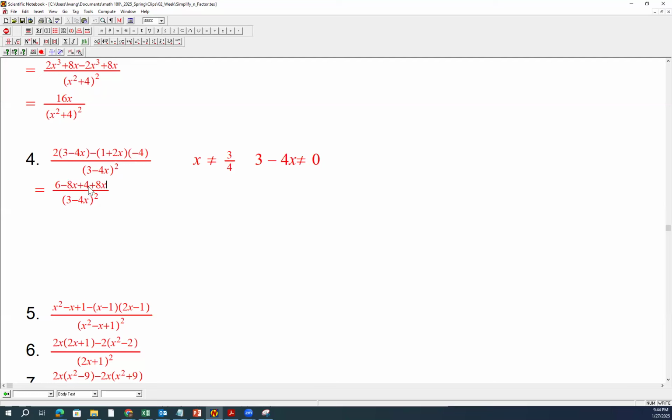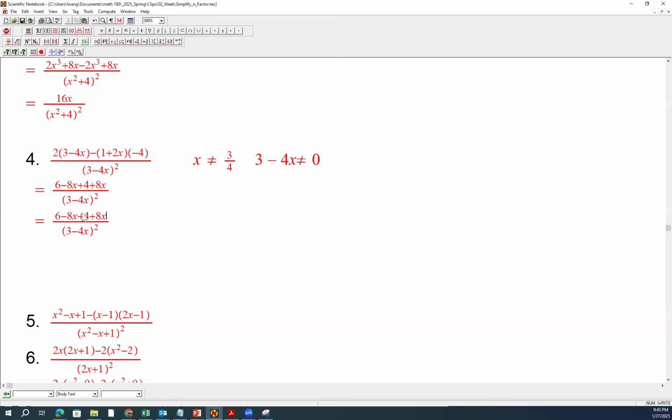A positive 8x and a negative 8x make 0, and we get 10 on the numerator in the end. So that's the factored form.